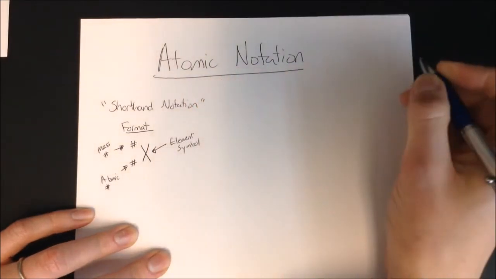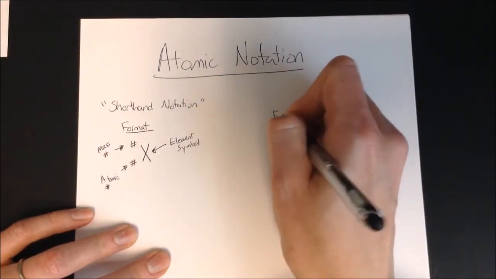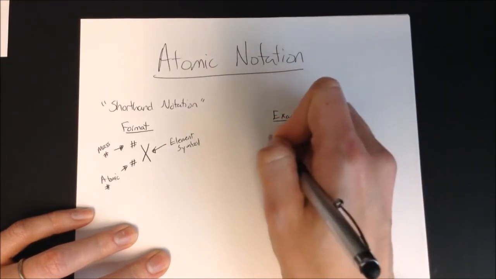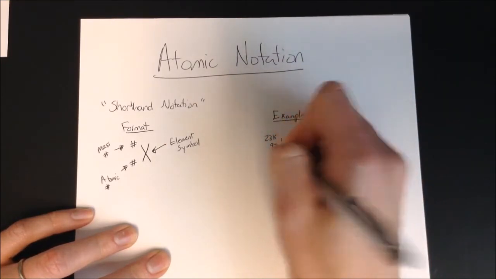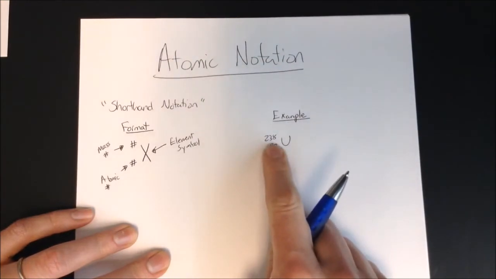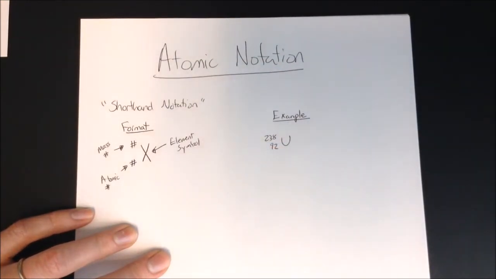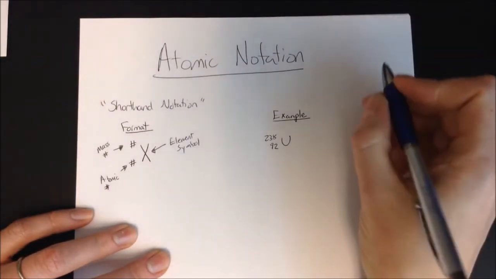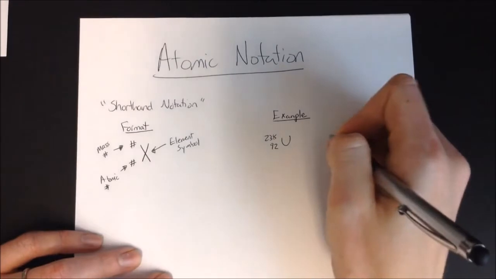And so let's look at some examples of what this one looks like. So let's say that we have uranium, 238 and 92. So the 238 tells us the mass number. There's 238 things in the nucleus, and there's 92 protons, so you can figure out how many neutrons there are.